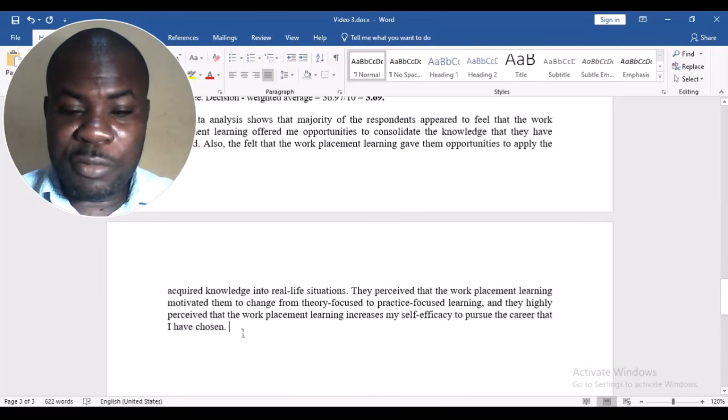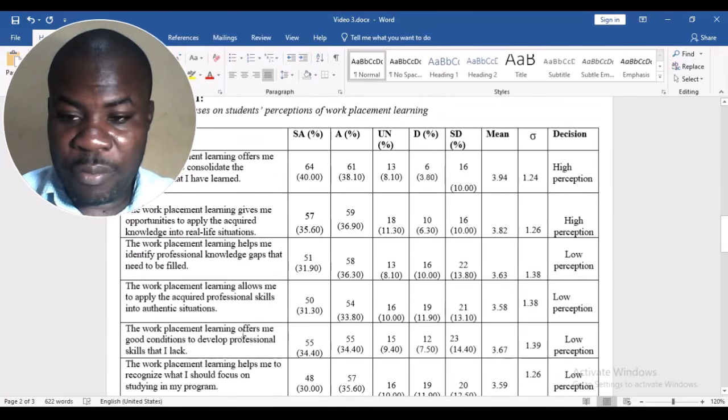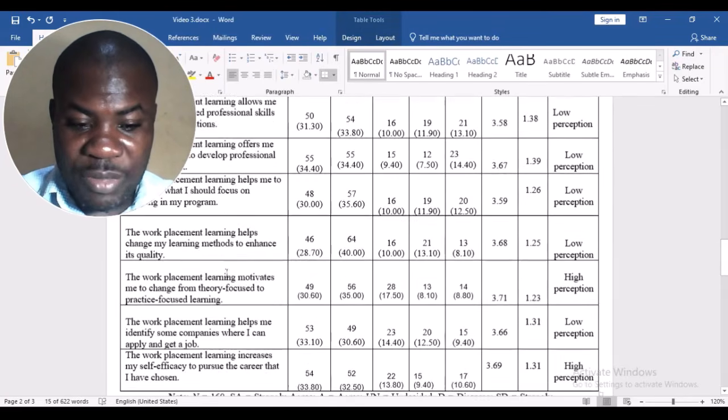And the same thing is applicable to those that have low perception of the work placement learning program. I can also make the same statements here.